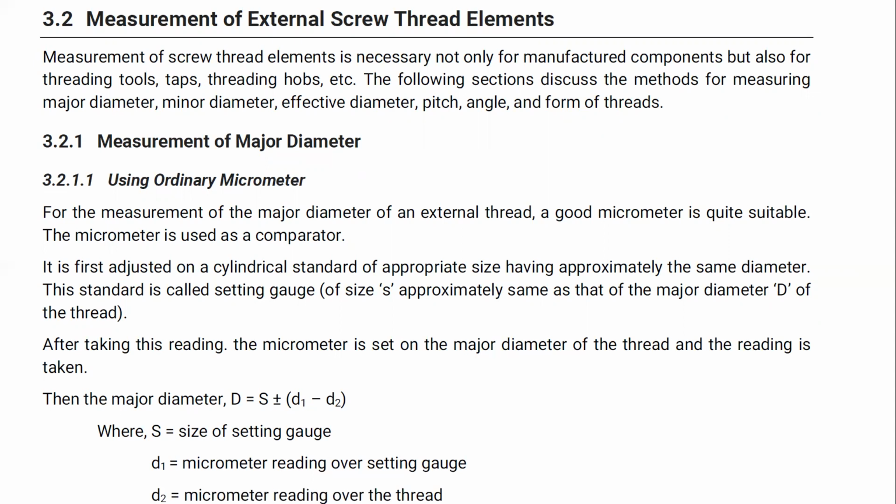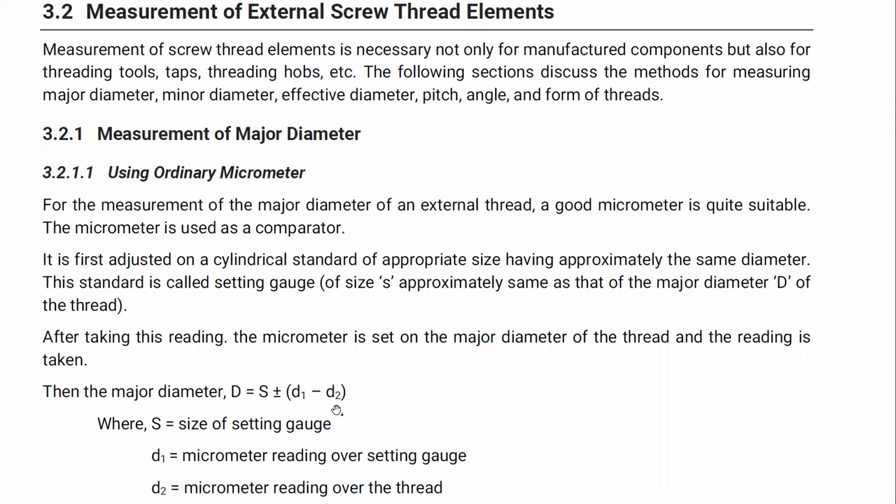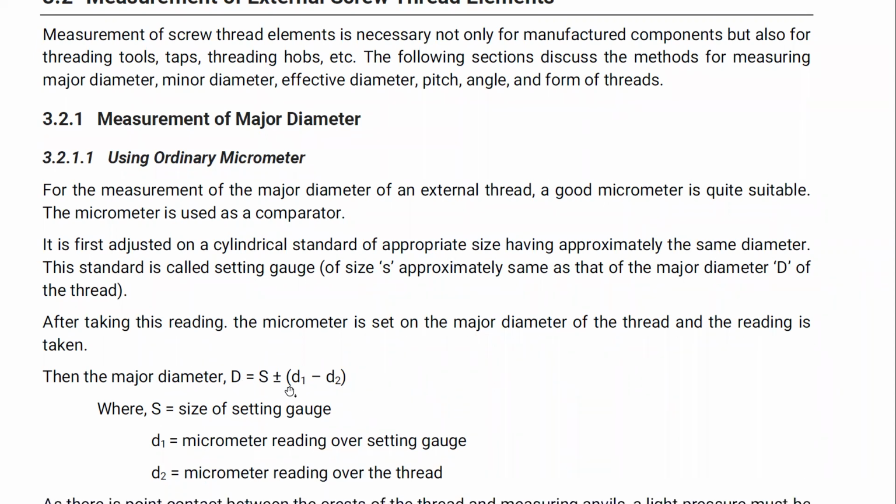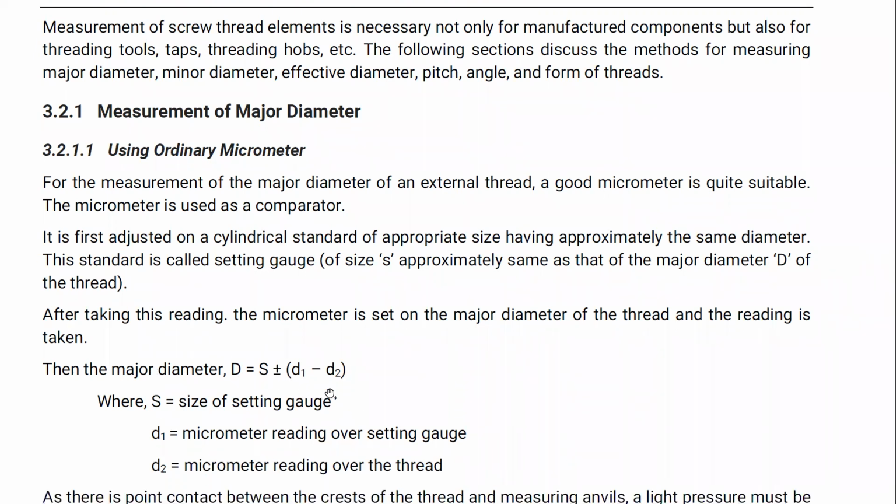The standard is called a setting gauge, of size approximately the same as the major diameter D of the thread. After taking the reading, the micrometer is set on the major diameter of the thread and the reading is taken. The major diameter is given by this equation: D = S ± (D1 − D2).